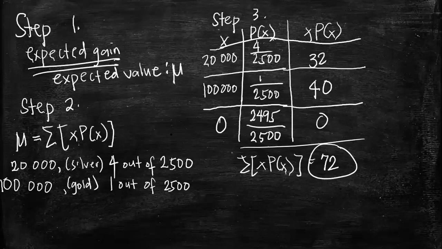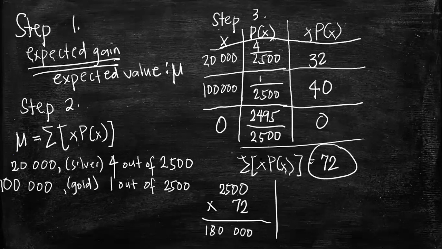Pag binili ko lahat ng ticket na Wonka, di ba? Ngayon, ilan lahat ng chocolate? 2,500. Kunwari, ang presyo ng kada chocolate is 72 pesos. Ilan yung product niyan? So, ang product niya ay 180,000, tama?